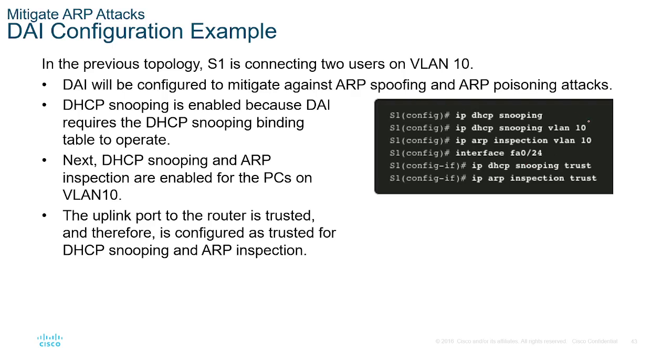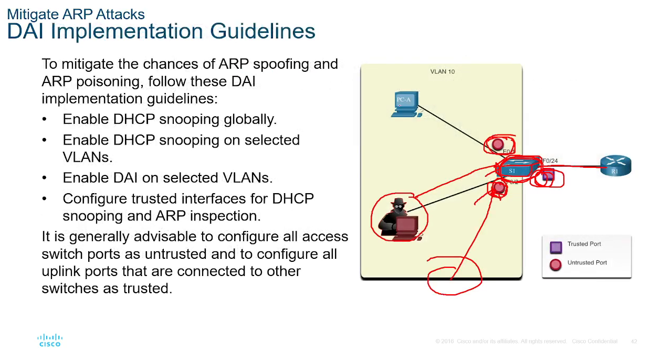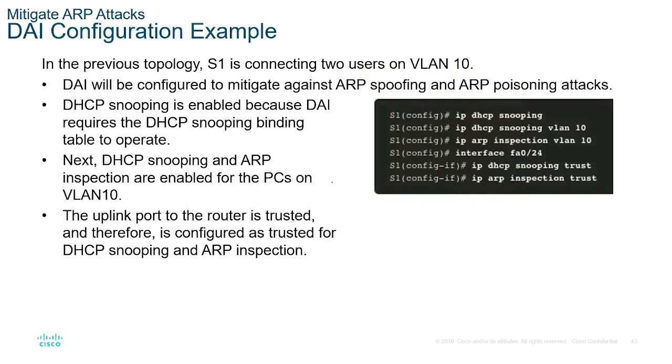So, to configure DAI: dun sa previous topology natin, S1 is connecting two users on VLAN 10. Ito, yung PC-A at saka yung attacker. So, ang gagawin natin ngayon, we will apply DHCP snooping on VLAN 10 and then ARP inspection on VLAN 10. Tapos, gagawin mo, interface FA0/24.